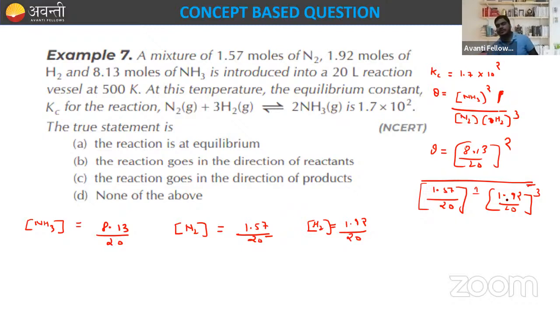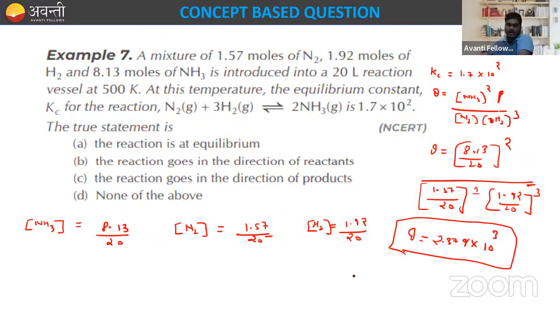Okay, so just solve this. On solving, the 20s get cancelled. So what you are left with is Q. On solving, Q is nothing but equal to 2.379 × 10 raised to the power, right? So this is the value of Q.